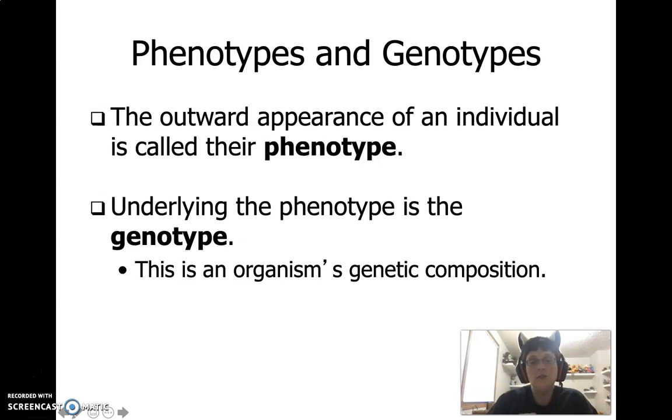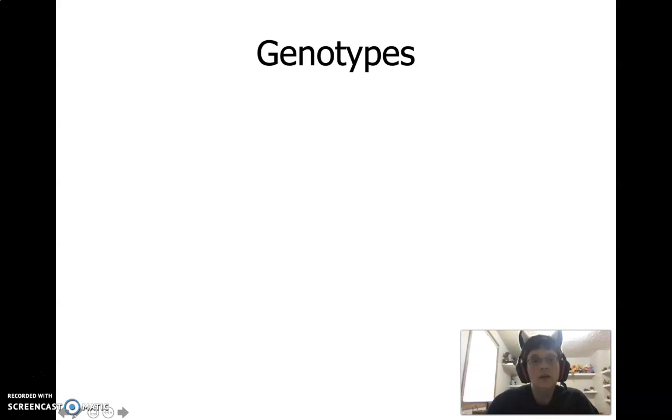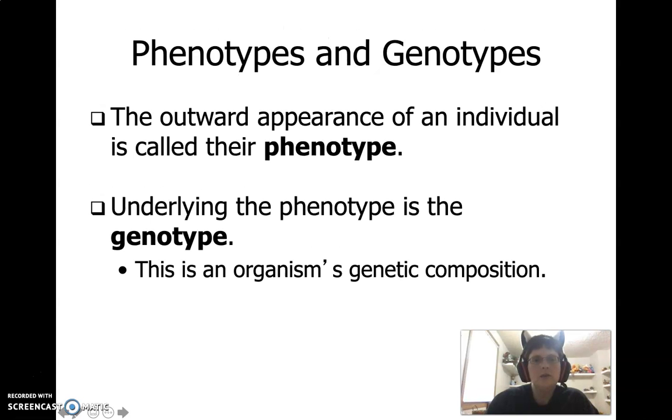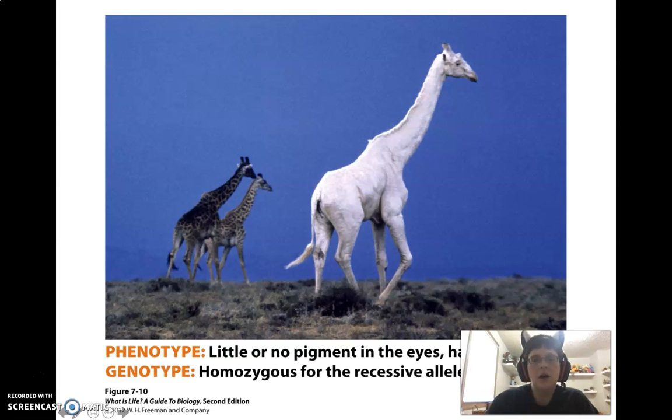It's homozygous for those recessive genes to get that albino coat color. So we've got our homozygous dominant, heterozygous, or homozygous recessive, the ones we were just talking about. So, if we go back to our giraffe here, we know that this one is homozygous recessive.